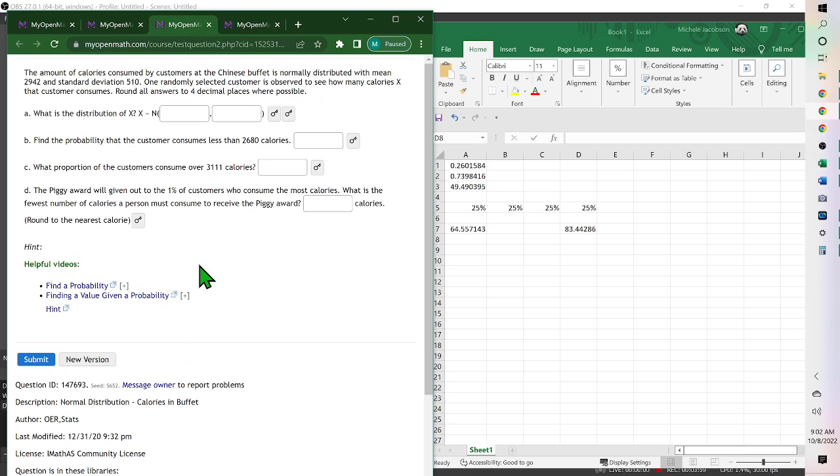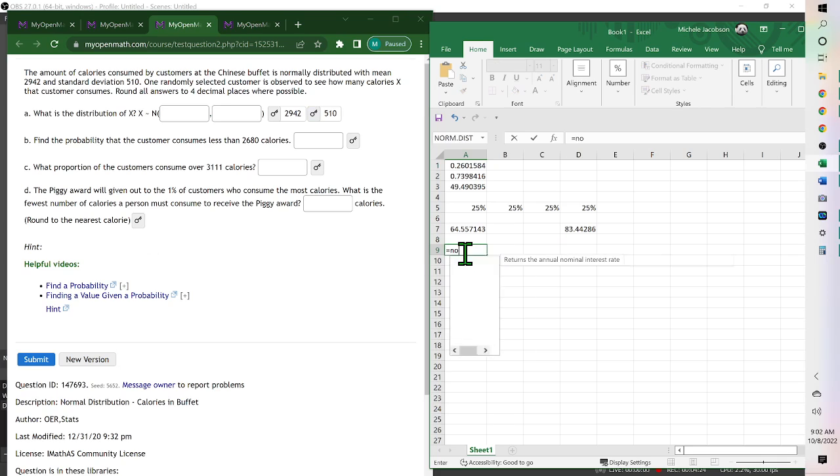This problem here, very similar. This again is your mean, which in this problem is 2942, and the standard deviation 510. Find the probability a customer consumes less than 2680. And when you do the norm, that's what that gives you. So here equals norm.